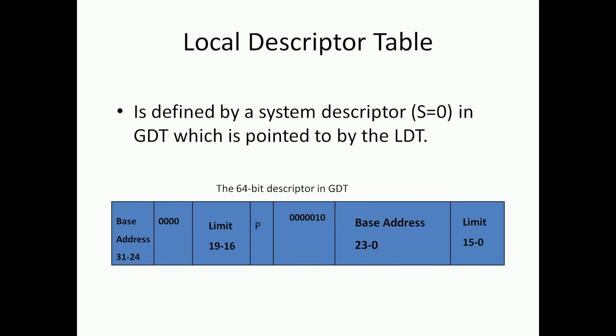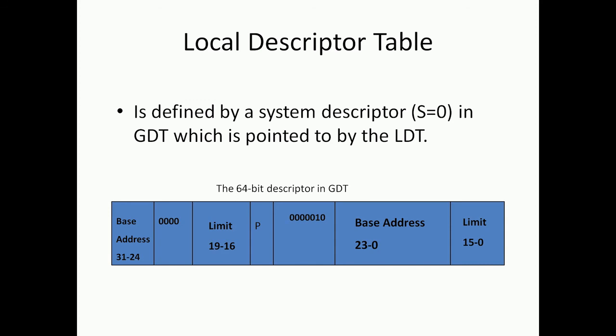The 0, 0, 0, 0, 0, 1, 0 is nothing but the system bit and the type bits. So this is a system descriptor, unlike a user descriptor that we have seen in the past. It has a type here, and then there is a present bit, and some bits are hard-coded to 0.